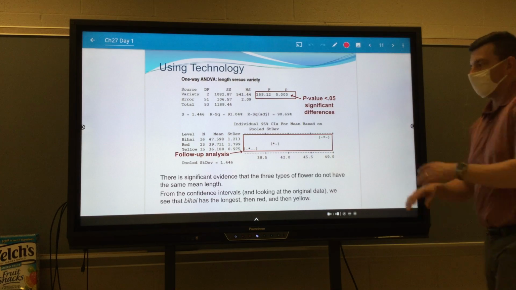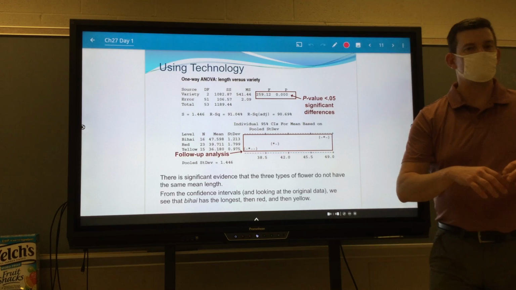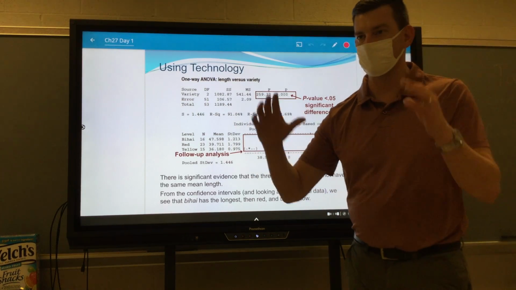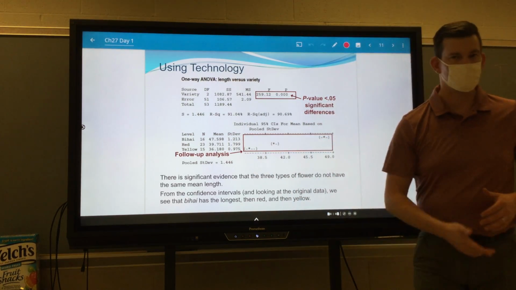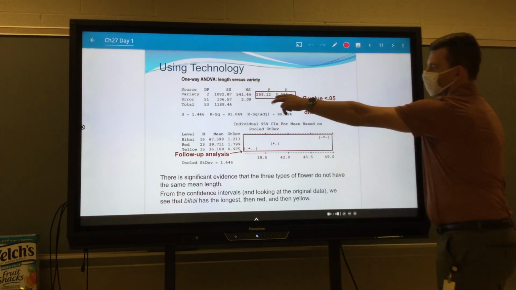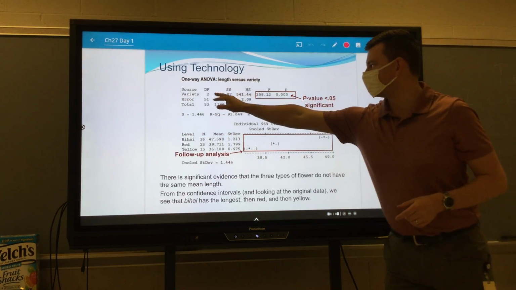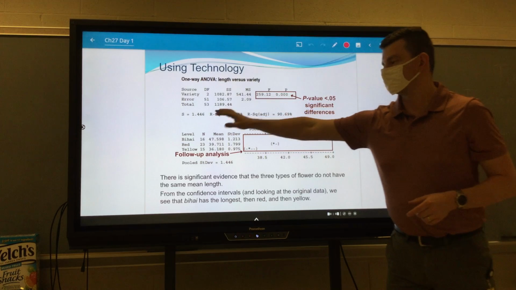This is what the output from their statistical software, Minitab, would look like. So if you were provided with this snapshot on the exam, you can see we got our F statistic right there, p-value essentially 0. This is that table that we had seen from GeoGebra. We'll talk more about this.